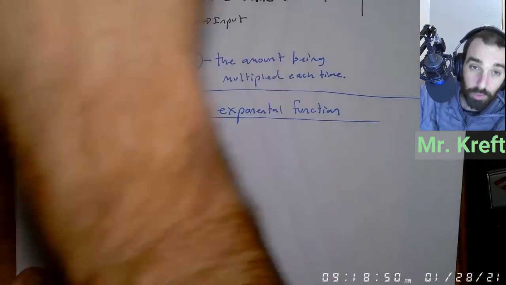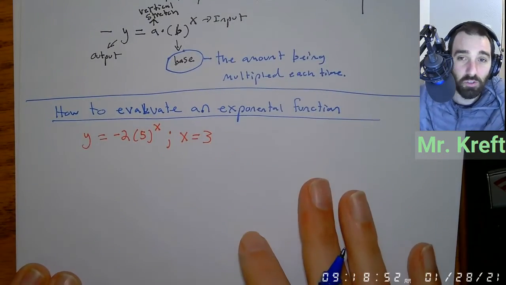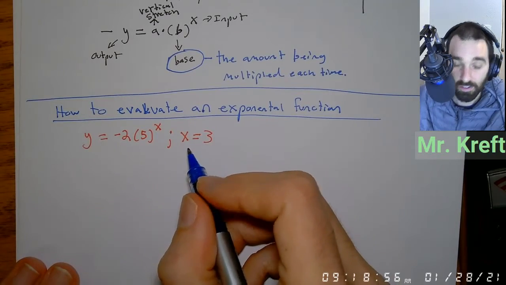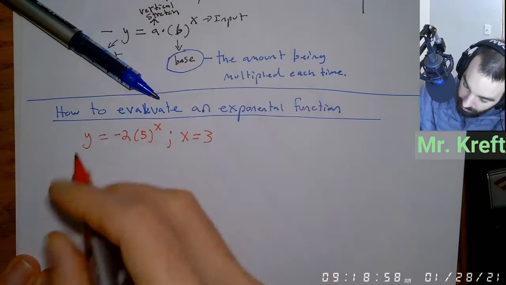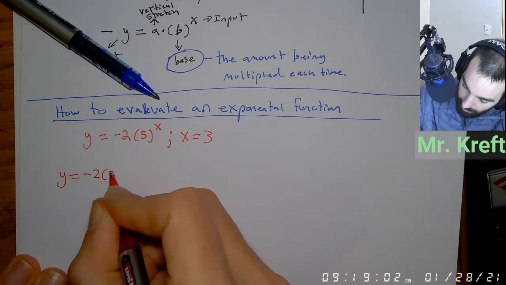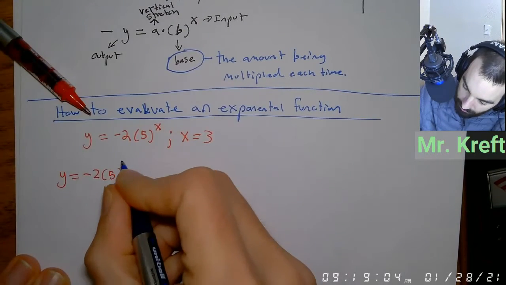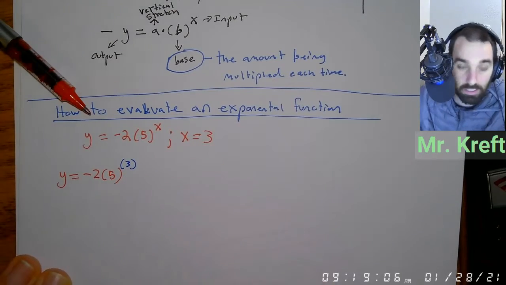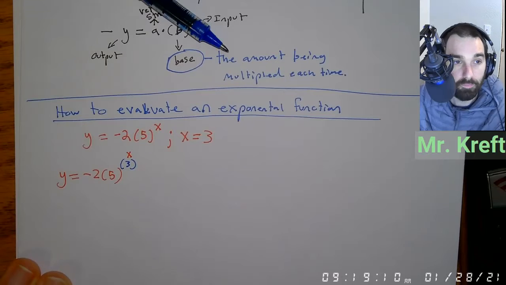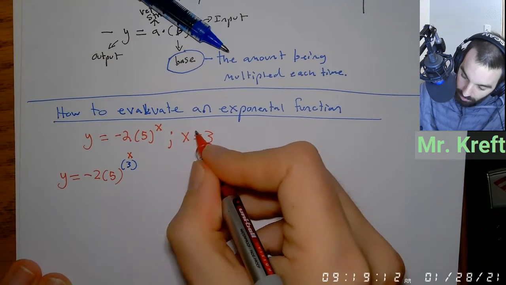There are a couple of different ways you can do this. The first is by hand. I would say y equals -2 times 5, and then I'm taking that 3 and plugging it in for what used to be x. Do you see what I'm doing?